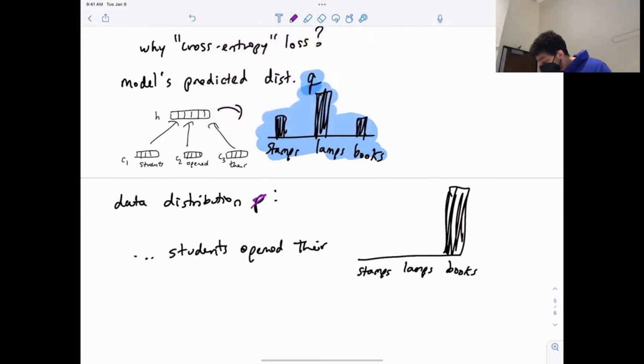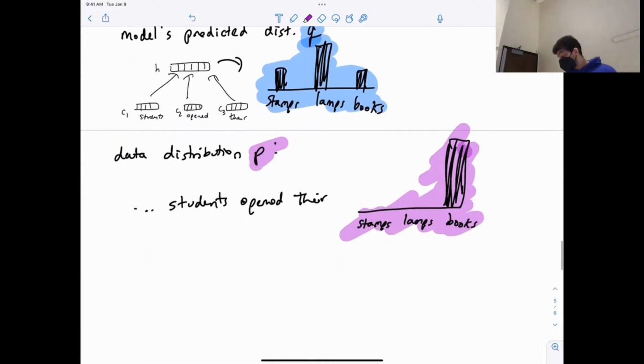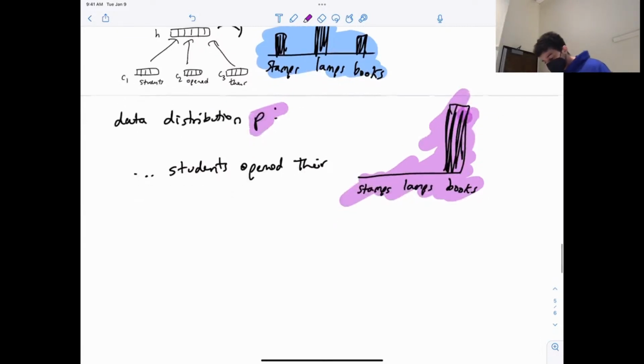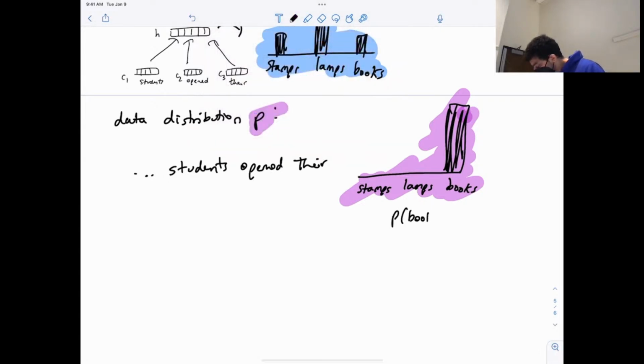So this forms our target distribution, which we're going to call P. So if, given this specific prefix, our model is putting almost all of its probability on books, then our model would minimize this loss function, right? Because our ground truth distribution is saying that 100% of the probability mass should be on books given this context. So basically here, P of books given students opened there is 1.0.